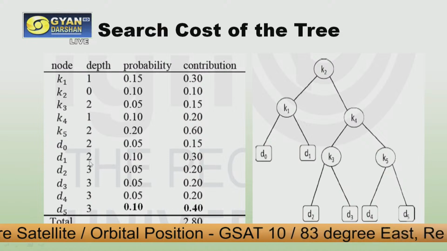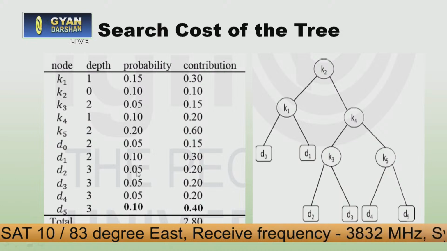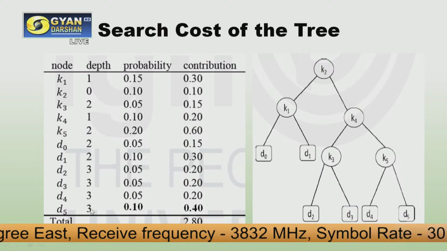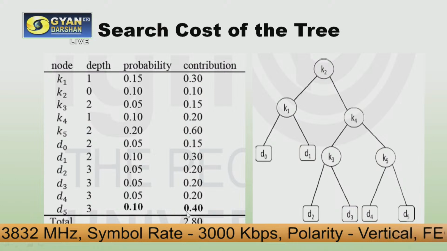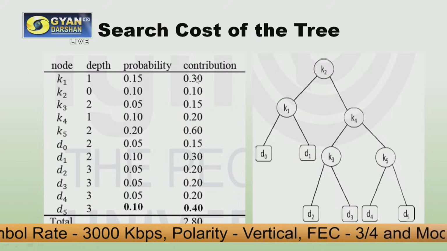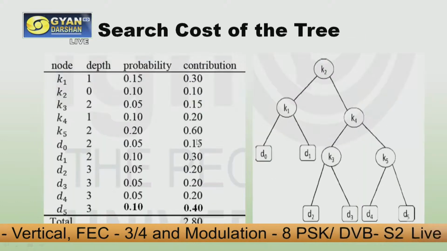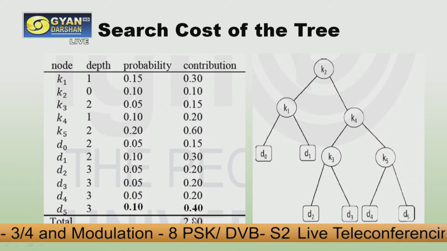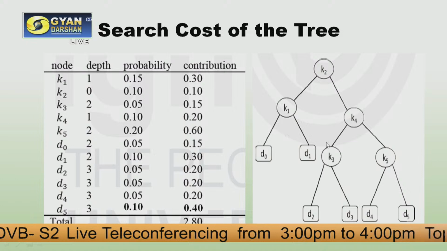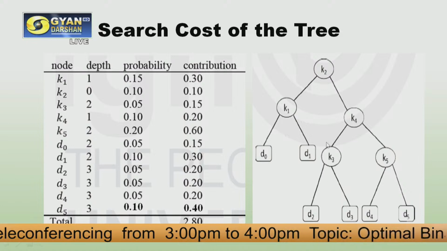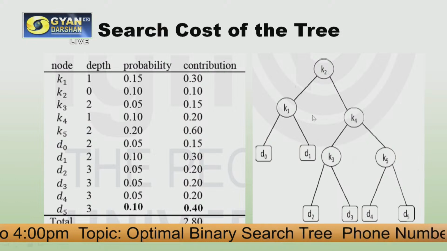Like that, you can try it. 3 plus 1 is 4, 4 into 0.05, 0.20. And in the last case, 3 plus 1 is 4, once again multiplied by 0.1, we get 0.40. And the overall cost of this particular tree happens to be 2.8. So the search cost in this particular tree is quite substantial, although you can see it is quite a balanced tree.